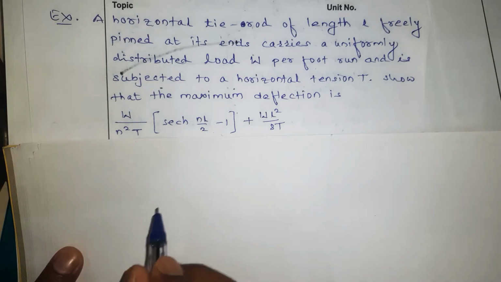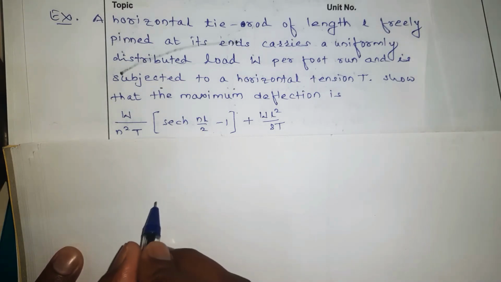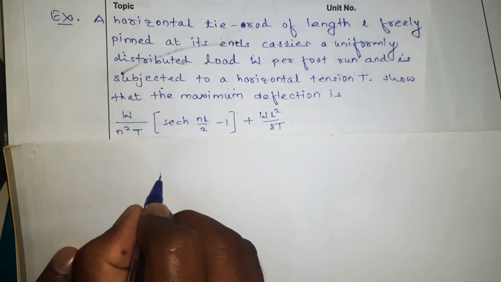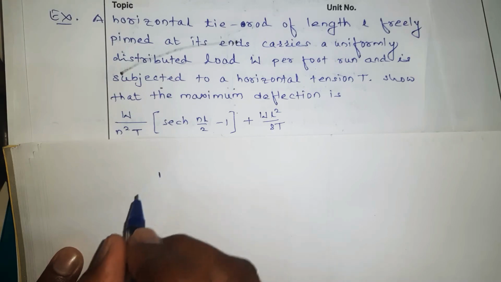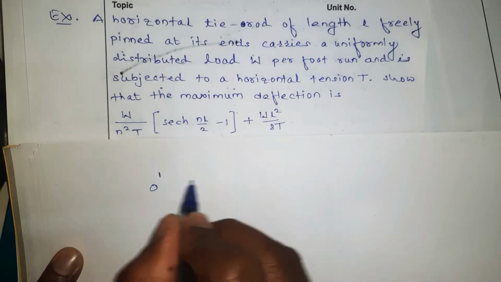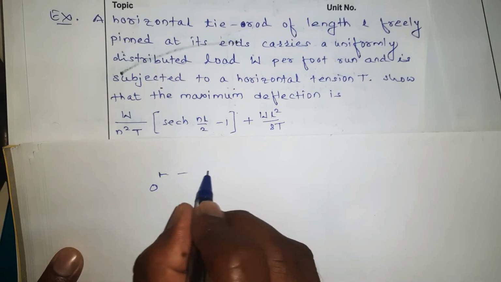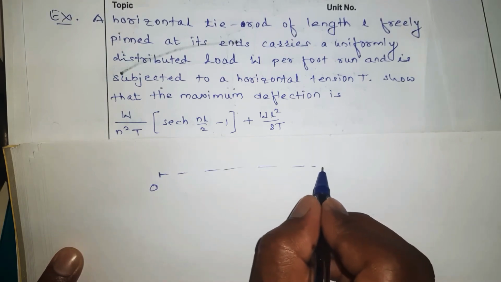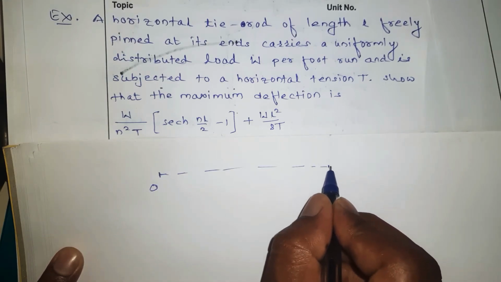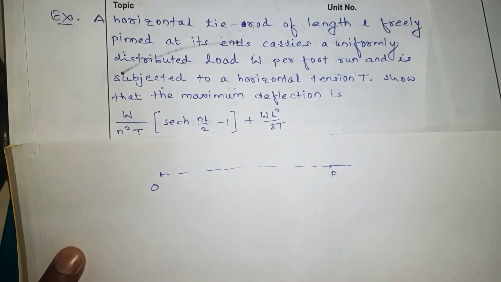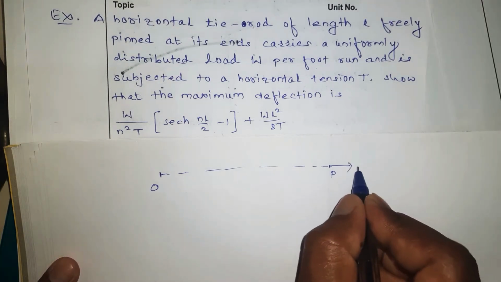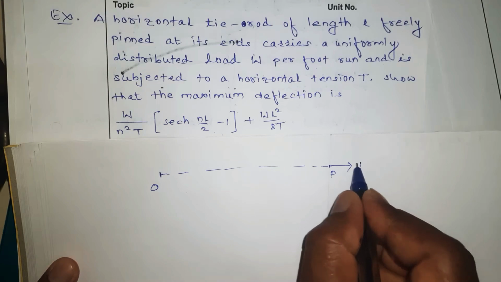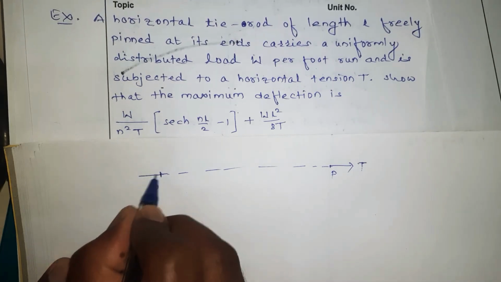Now the horizontal rod is pinned at two points. One point we call O and the second point we call P. So I have points O and P. Then the horizontal tension T is given on both sides.